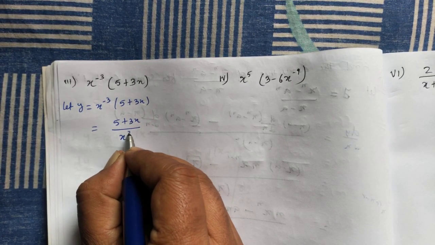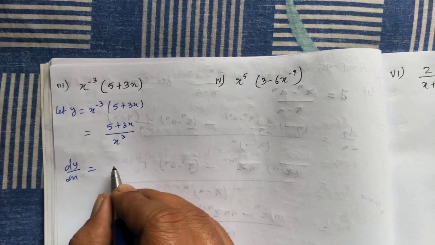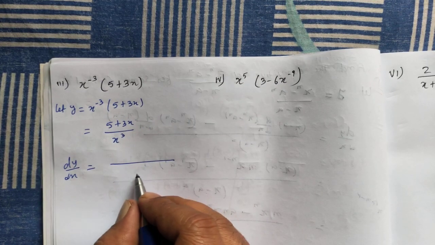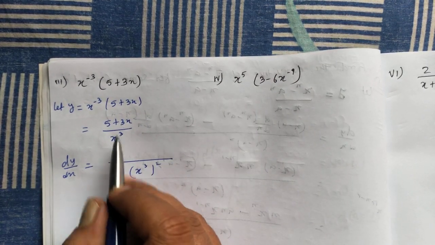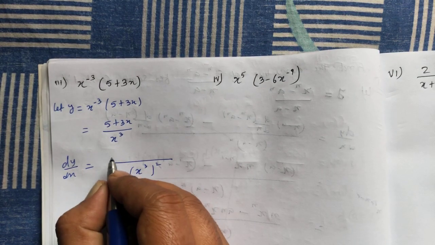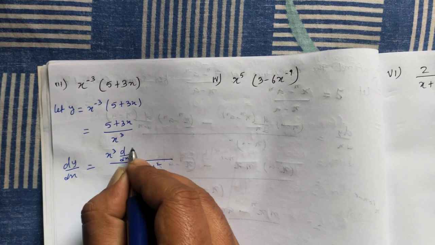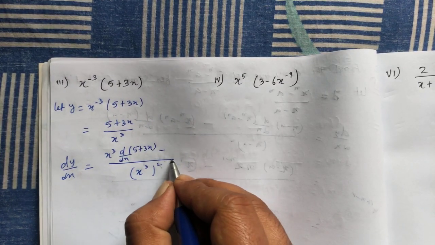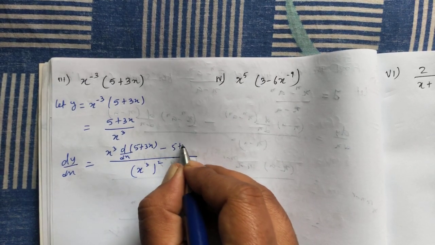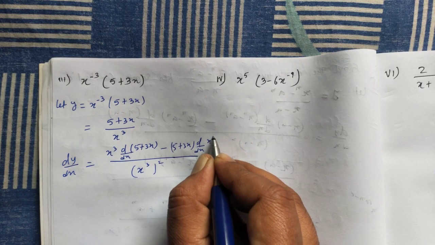Now you can derive. When you derive, you have to use the quotient rule, the division rule. So x cubed is constant, we'll derive. Minus, 5 plus 3x is constant, and we'll derive x cubed.